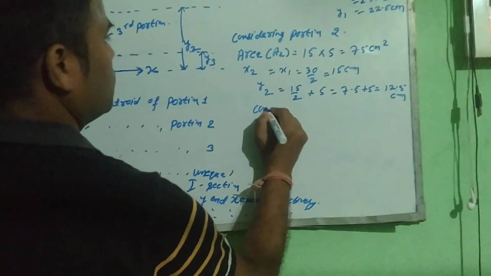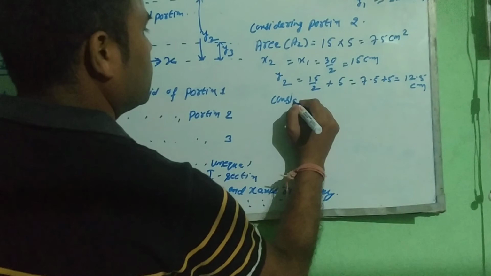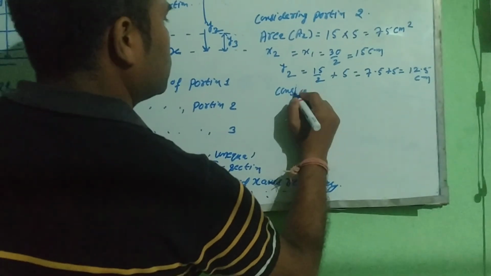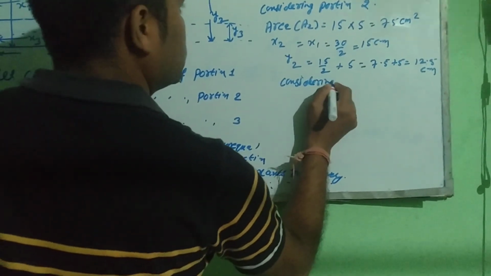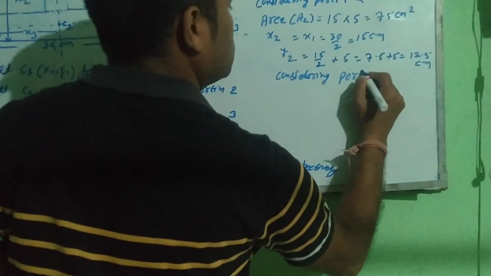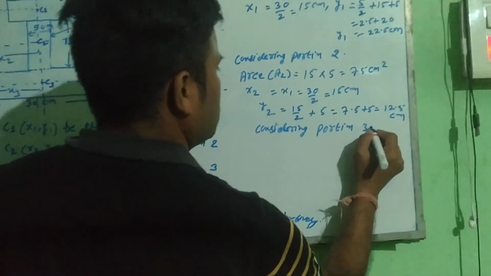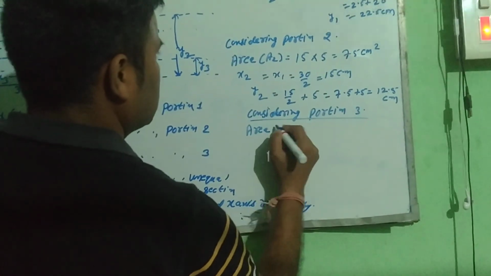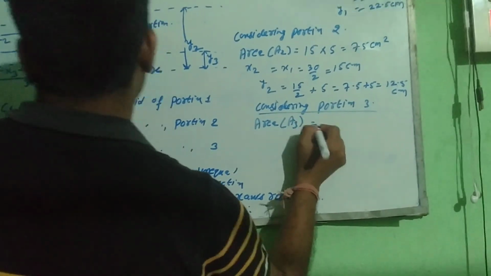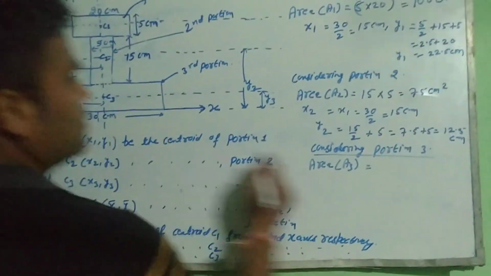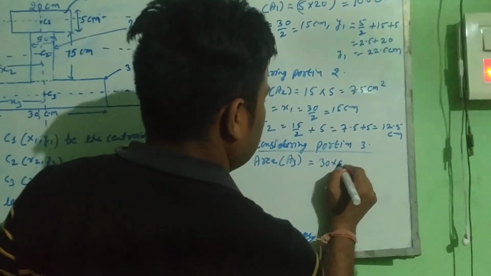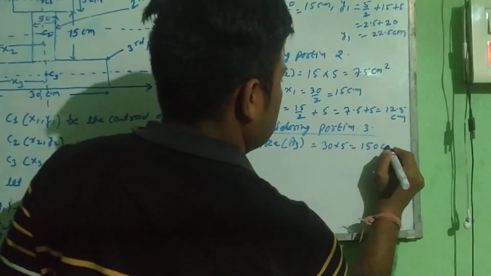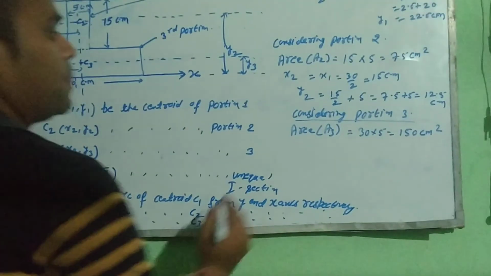Considering portion 3, area A3 is 30 into 5, which is 150 centimeter square.